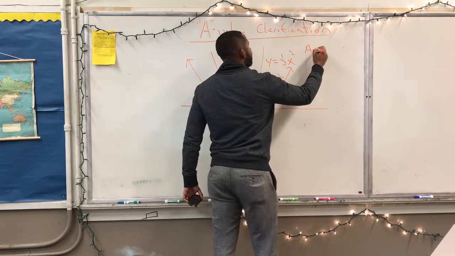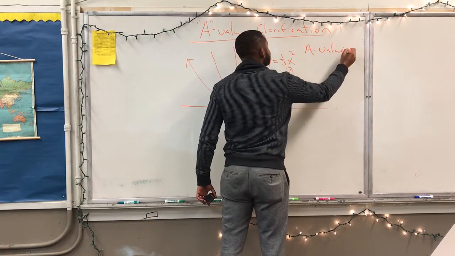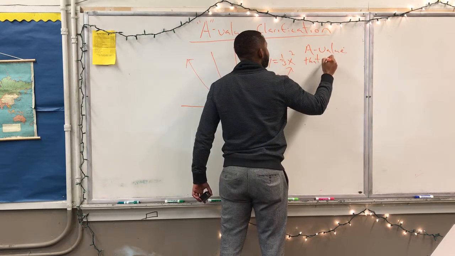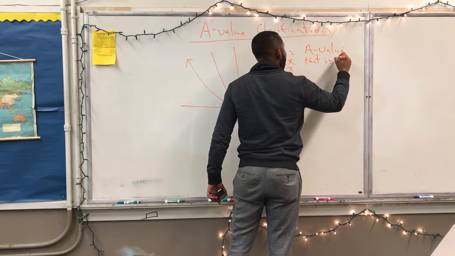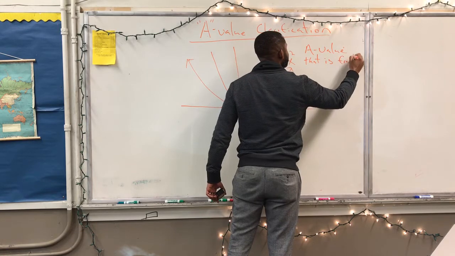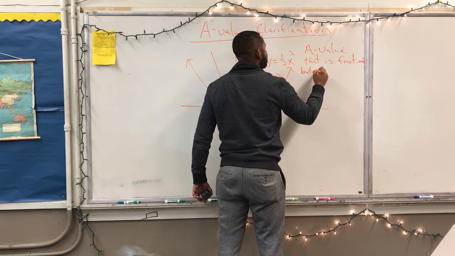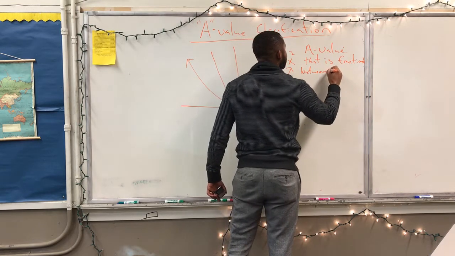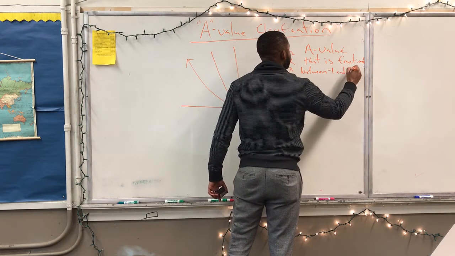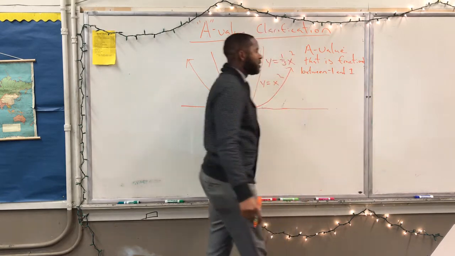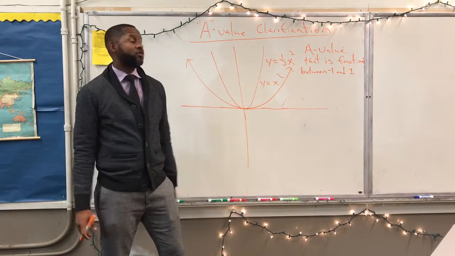So when you have an a value that is fractional, it's between -1 and 1. So it's all the fractions between -1 and 1. That's what your a value is.